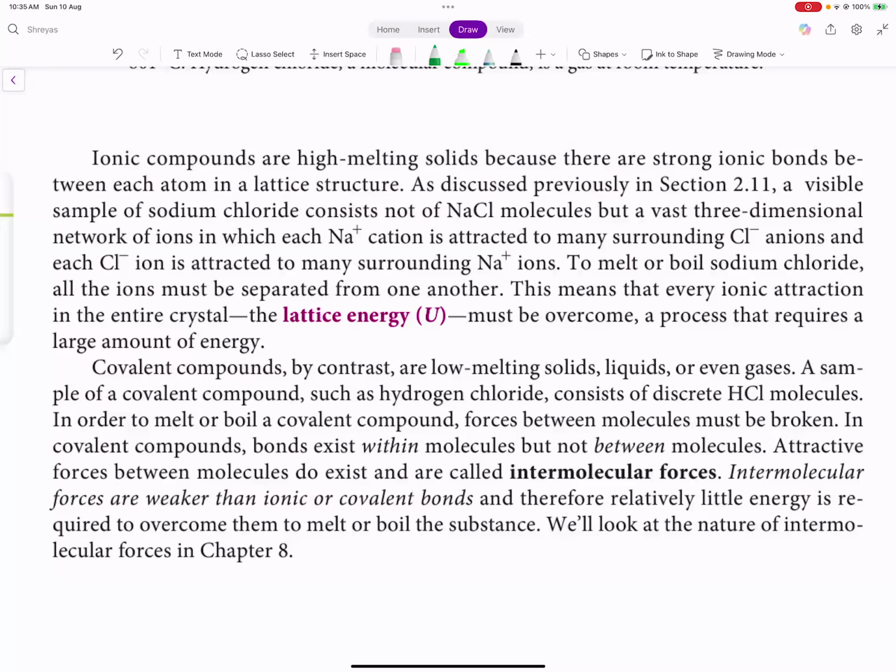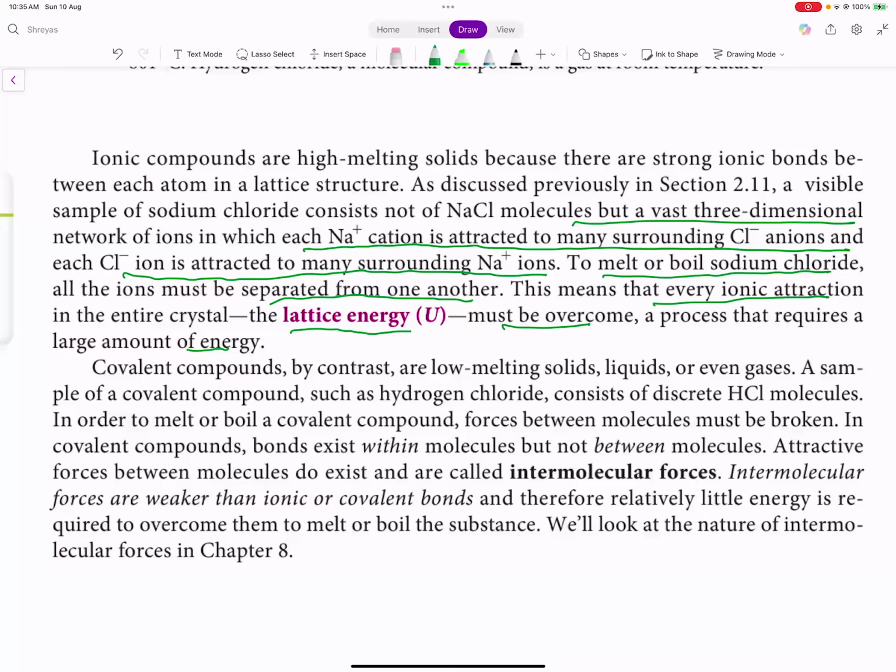There we have a vast three-dimensional network of ions in which Na+ is attracted by many Cl- ions and Cl- is attracted by many surrounding Na+ ions. So to melt or boil sodium chloride, all the ions must be separated from one another. This means that every ionic interaction in the entire crystal, which we call lattice energy, must be overcome, a process that requires a large amount of energy.